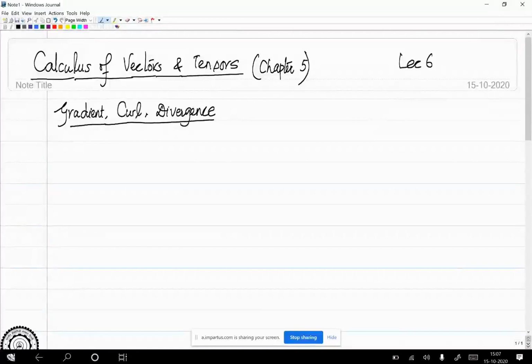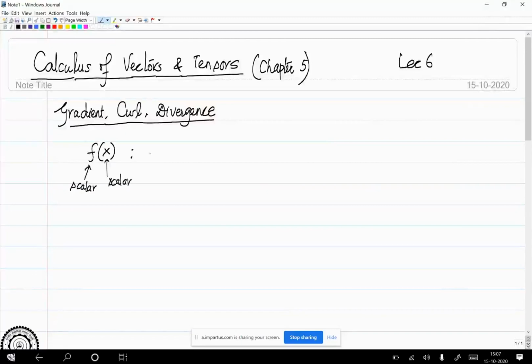So we have seen for a scalar function, if you have f, a function of just a scalar variable x, so the function is scalar and the argument variable is also scalar.